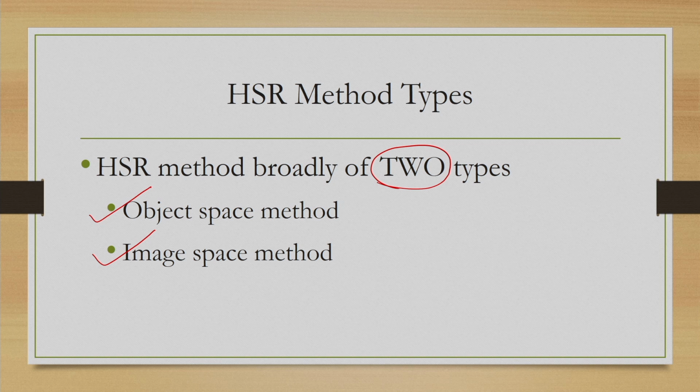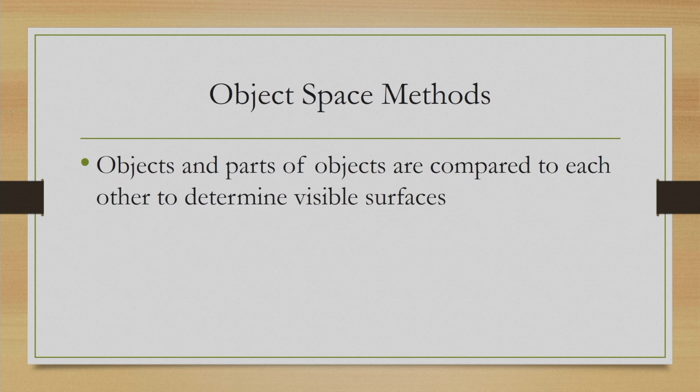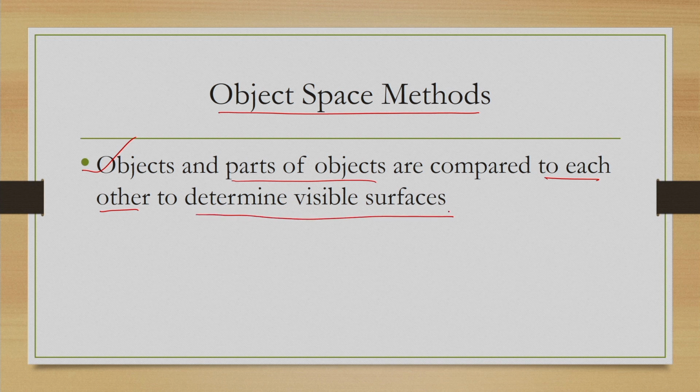Let us try to understand. In case of object space method, what we do? We compare objects or parts of the objects to each other to determine the visible surfaces. So, here we are dealing with objects at the level of 3D.